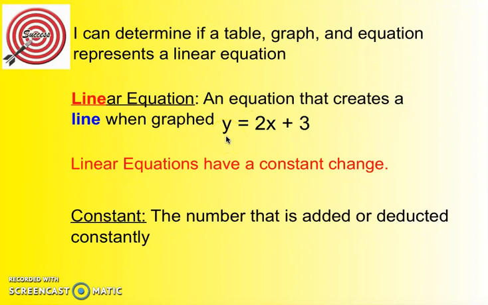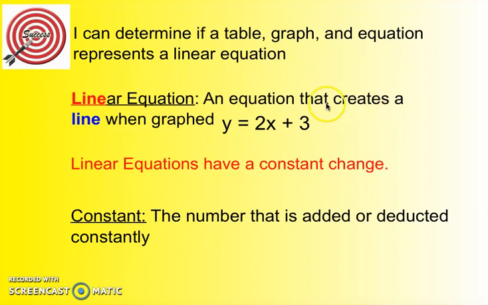Very similar to that in the fact that linear equations, the reason why they're a straight line is because they rise and they run at a constant rate of change. And we'll talk further about what that means in just a moment.